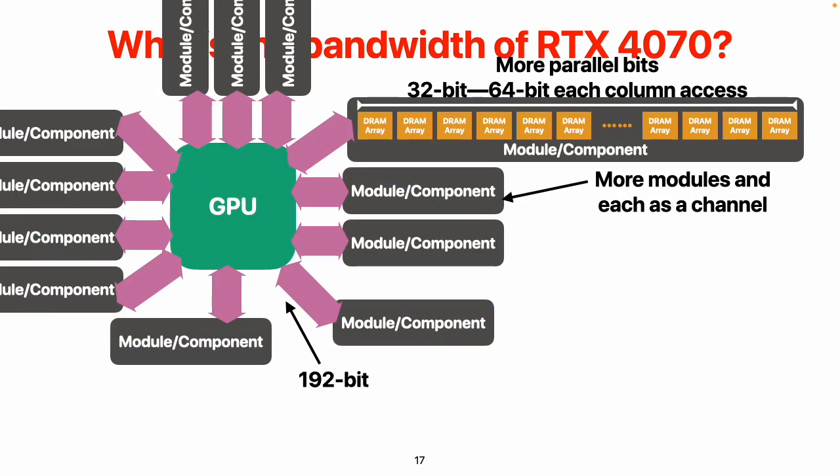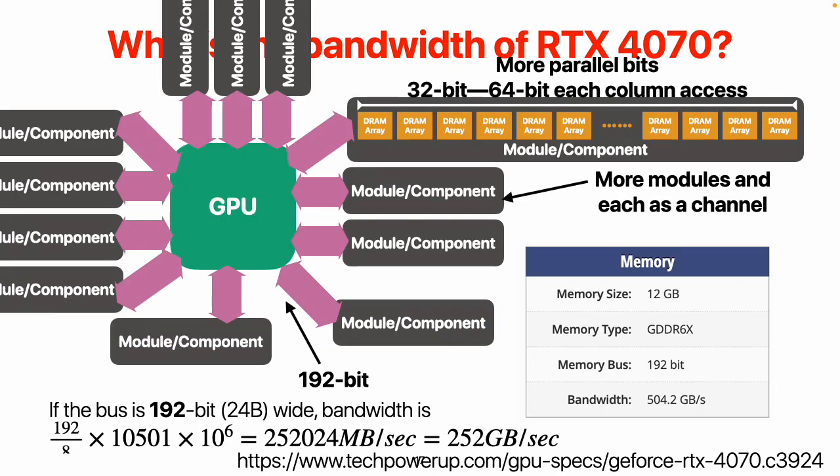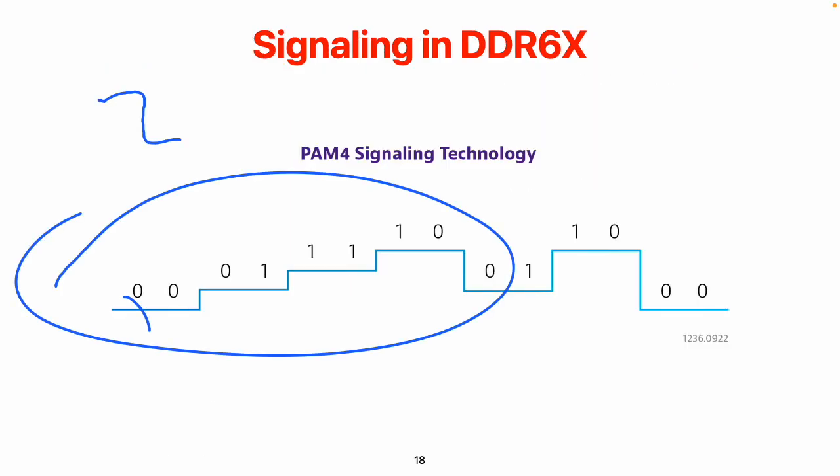DDR. So for the 4070, they advertise it as 504 gigabytes per second. But if you do the math calculation, you will figure out I'm only getting 252. So why is the bandwidth actually double? The reason is that for the GDDR6X technology, they took another tweak on their signaling. Traditionally, when we think about the interpretation of your wave, we only have 0 and 1.